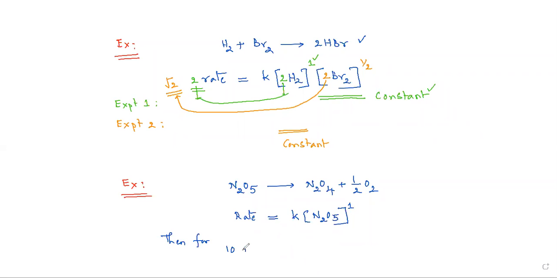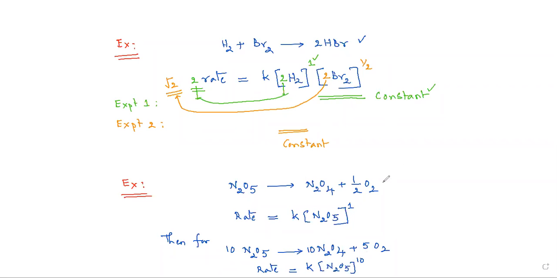Then suppose sometimes it is given as this, what is going to be the rate expression for this? Will it be this? No, it can never be.